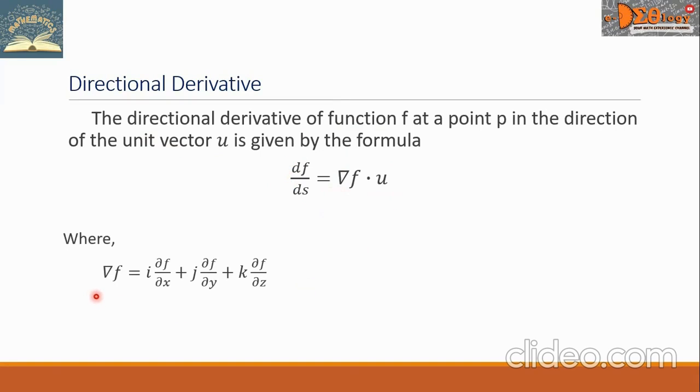Remember that grad f equals i times the partial derivative of f with respect to x plus j times the partial derivative of f with respect to y plus k times the partial derivative of f with respect to z. For the u, this is equal to the vector v all over the length of v. This is the working formula.